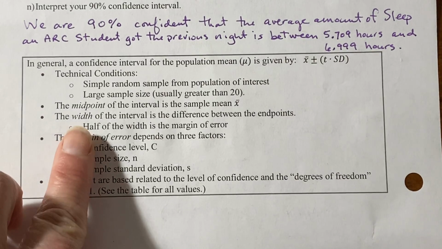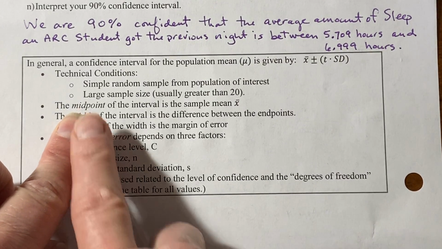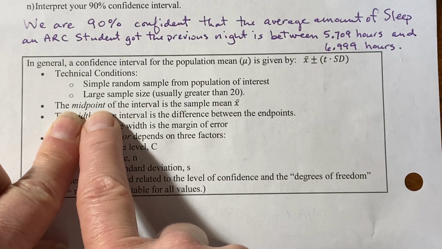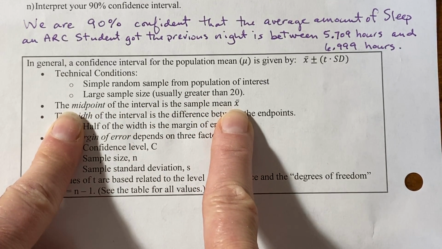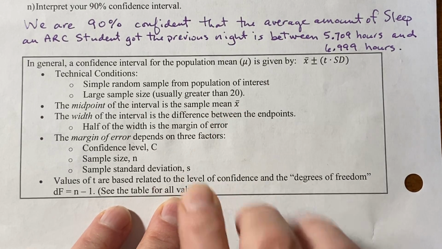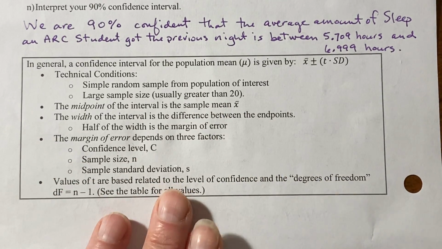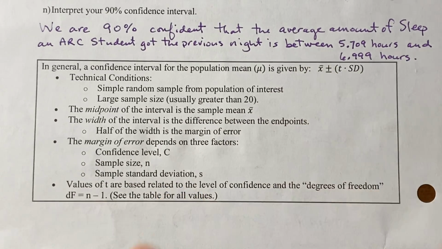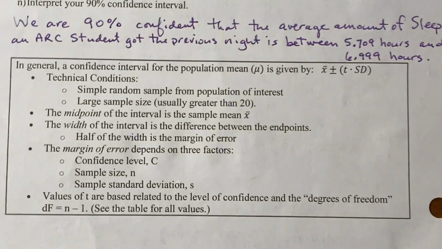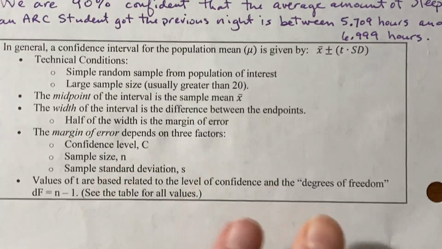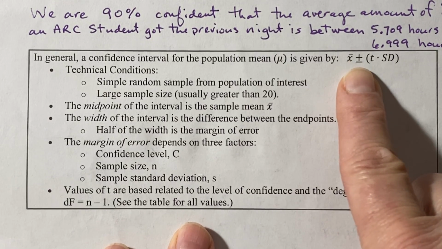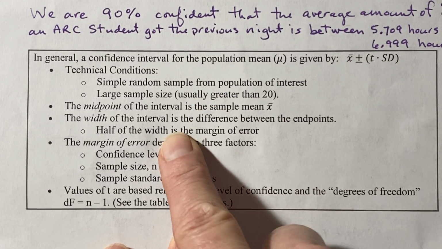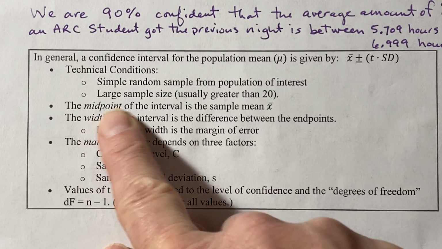Now remember, when you have a confidence interval, the midpoint of that interval is always your sample mean, because the sample mean is how you are creating your confidence interval. So that's really important. If you're given some confidence interval, you can say, oh, I can find the sample mean because it's right smack dab in the middle.